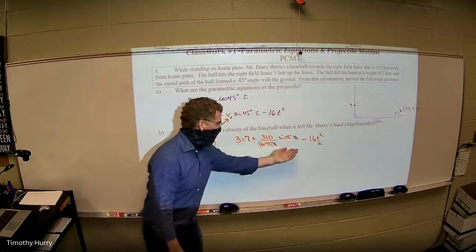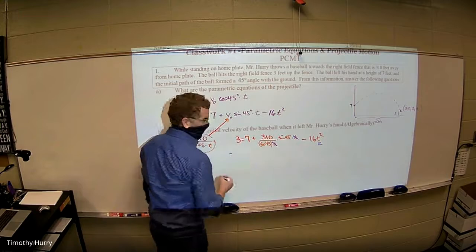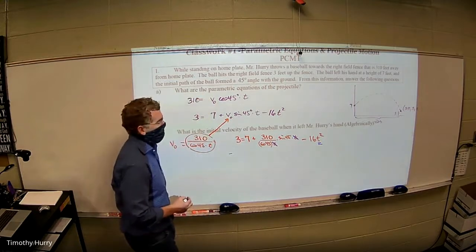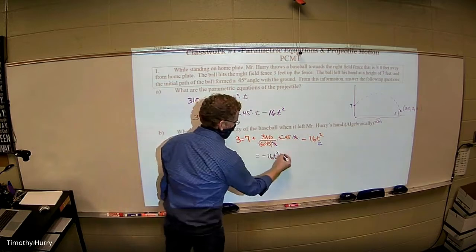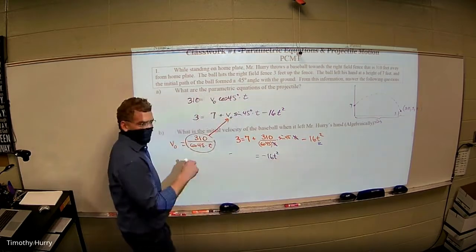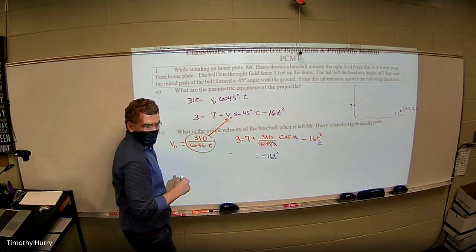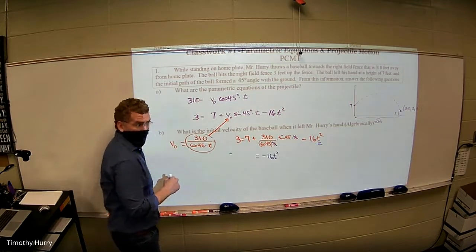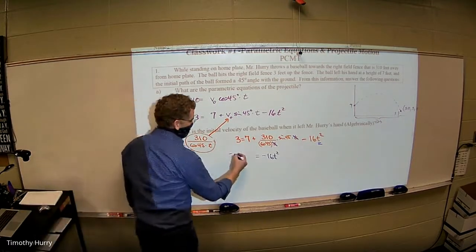So once I move all that stuff over, you tell me what you get. You get negative 16t squared on the right. And you get negative what on the left? Anyone? Negative 314.